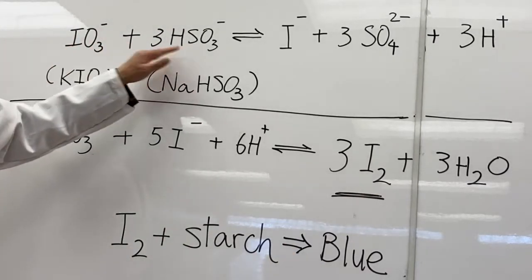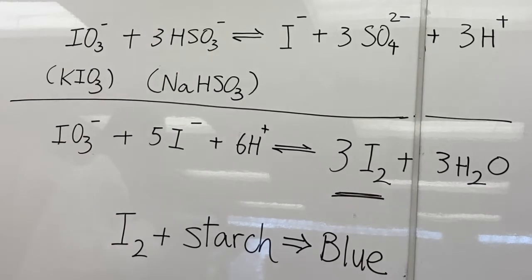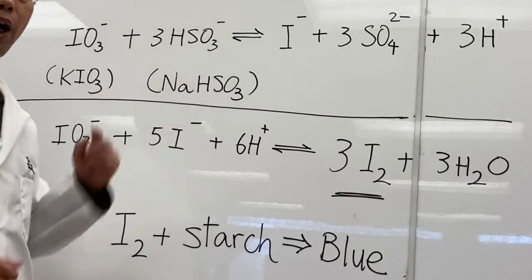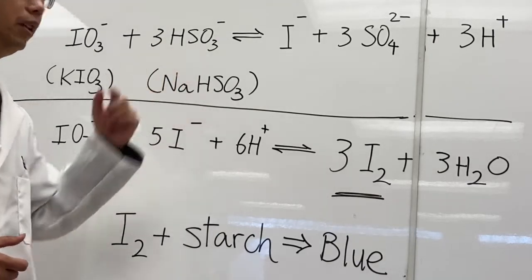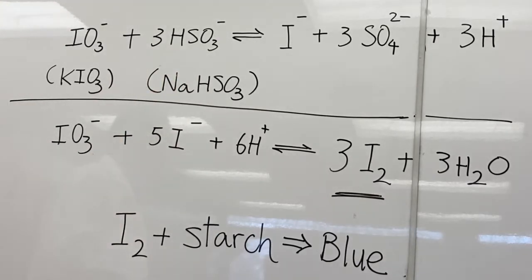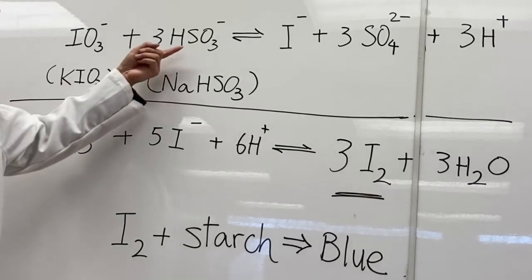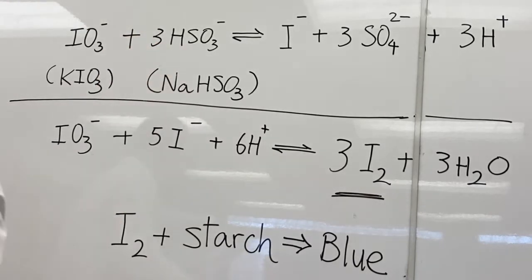So mix these two together. Once blue color shows up, you know hydrogen bisulfite is used up. So when you mix them together, you will monitor the system. When the blue color shows up, the hydrogen sulfite is used up.